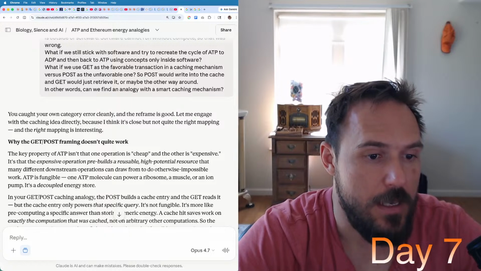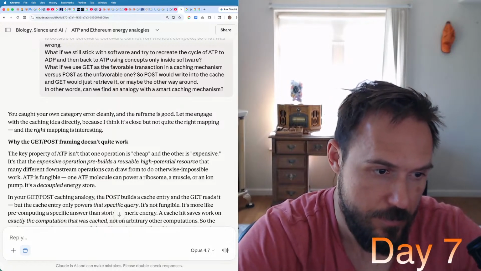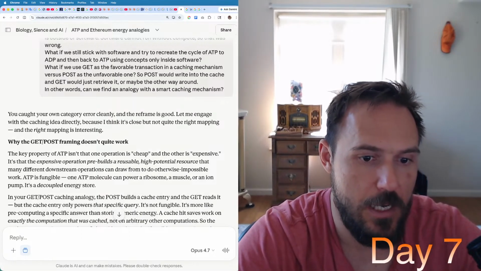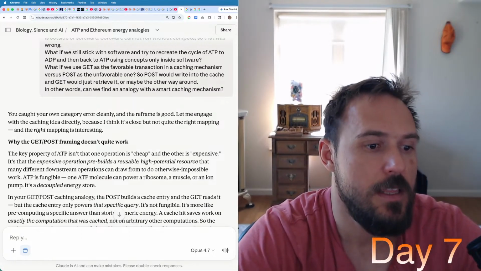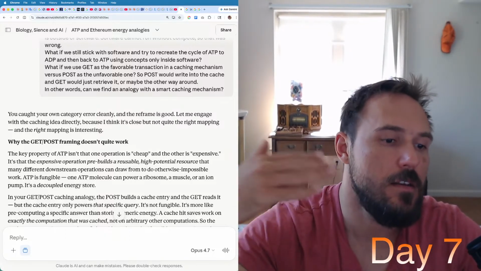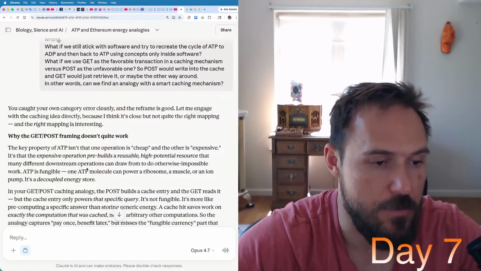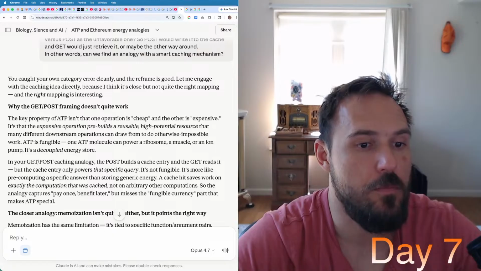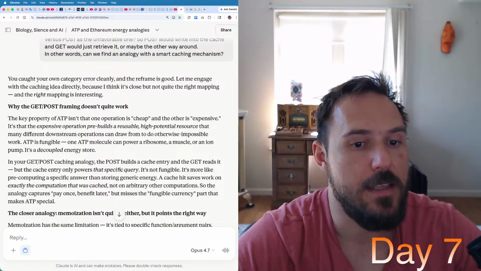It's a decoupled energy store. In your get-post caching analogy, the post builds a cache entry and the get reads it. Yes, that analogy was wrong. I admit it. I was just trying to start a conversation. But the cache entry only powers that specific query. It's not fungible.